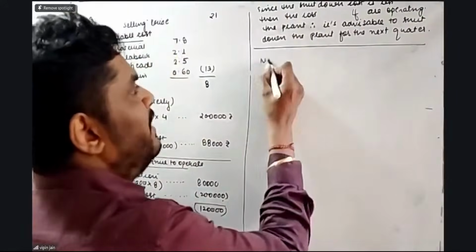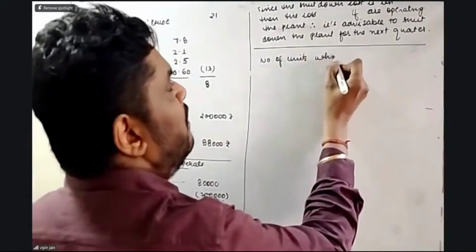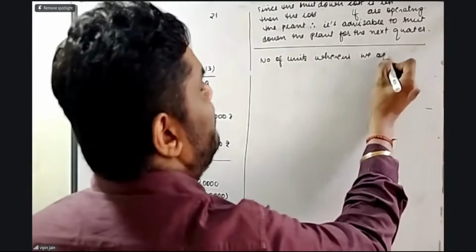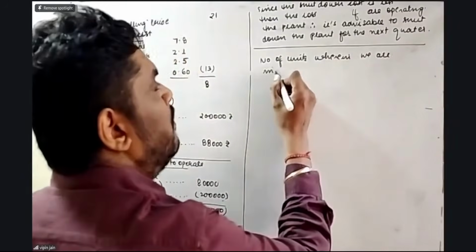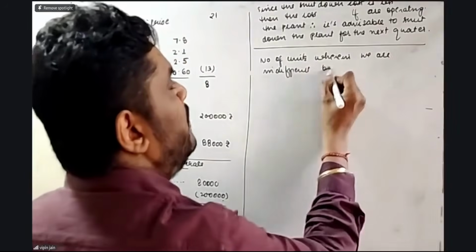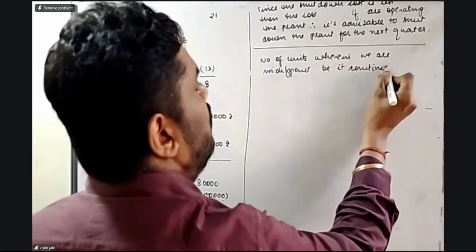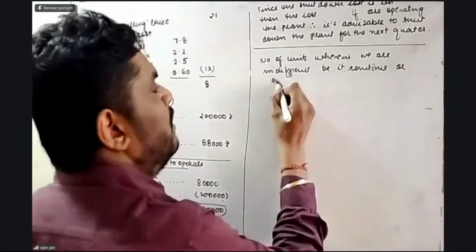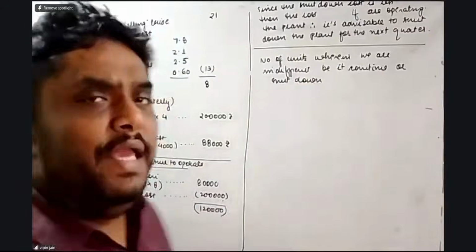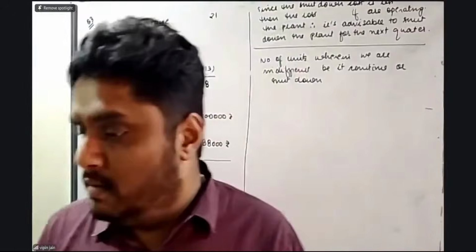You have to tell me the number of units wherein we are indifferent, be it continue or shut down. It makes no difference whether we keep running or stop. Tell me the number of units.